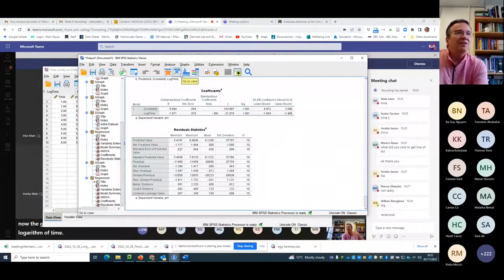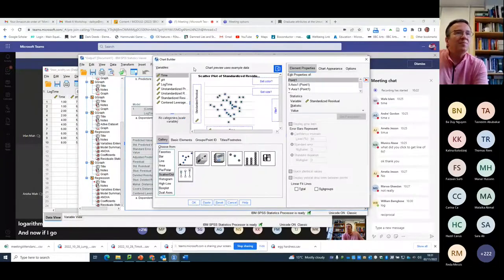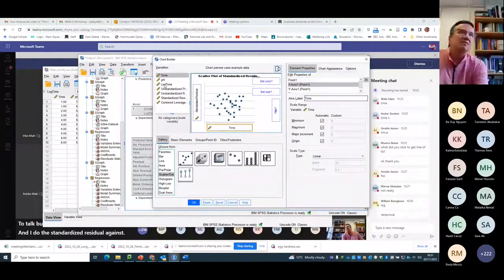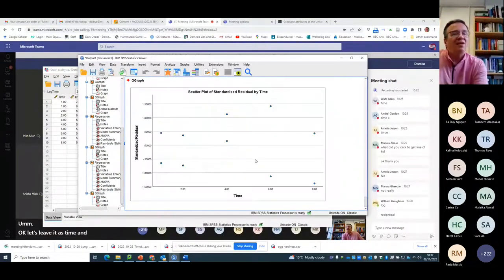And now, if I go to Chart Builder and do the standardized residual against, I want to do it against time or log time. Actually, let's leave it as time and see what that looks like to start with. Okay, that's fine. Is there any kind of pattern in there?